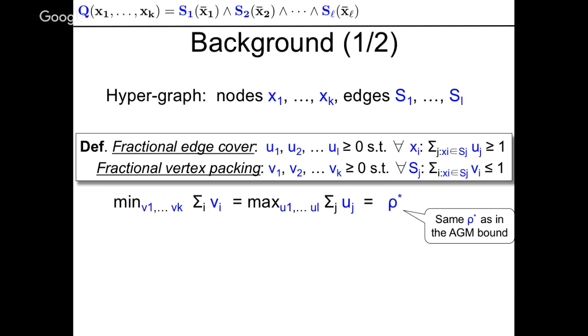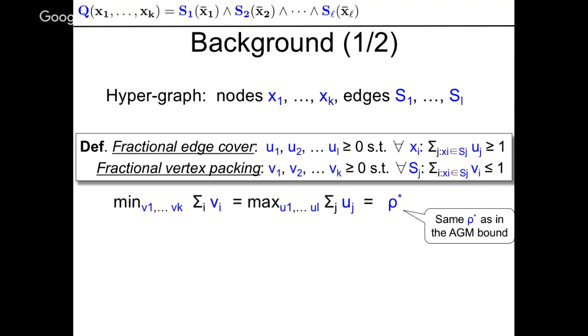A fractional edge cover of the hypergraph consists of one non-negative number associated to each hyperedge, such that for every variable, for every node, the sum of the numbers associated to the edges incident to that variable is at least 1.